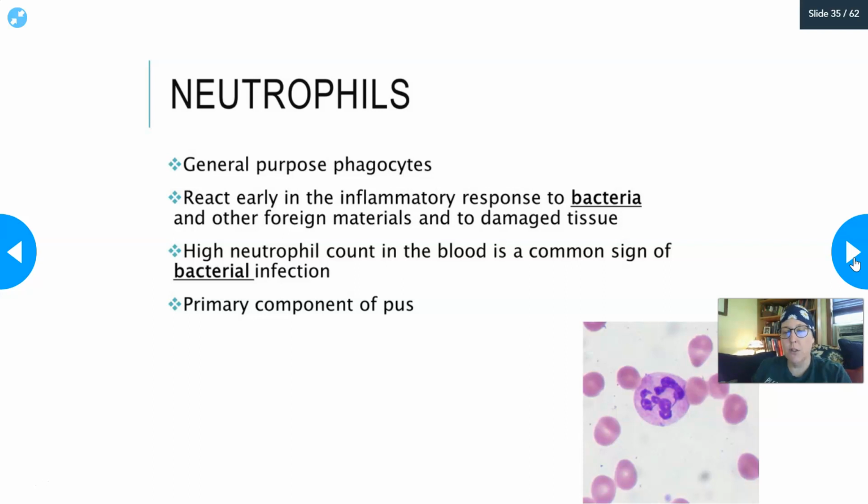Again, a high neutrophil count in the differential on the CBC is a very common sign of a bacterial infection, which is why ER physicians like to order CBCs, because they can help them determine whether the infection is going to be bacterial or viral in nature. And again, neutrophils are the primary component of pus.